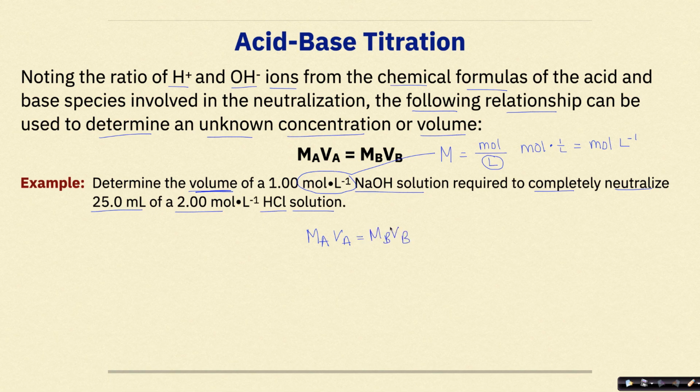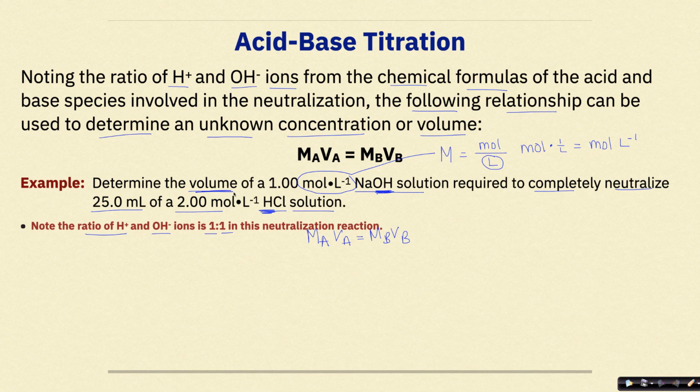And the thing that I want you to notice here is that the ratio of the hydrogen and hydroxide ions is 1:1. So 1 OH, no subscripts, no brackets, no nothing, 1 hydrogen. So I want you to keep that in mind. This is something you absolutely need to pay attention to when you recognize you're dealing with a neutralization reaction and you're looking at the ratio of hydrogen to hydroxide. So it's 1:1. Good times.